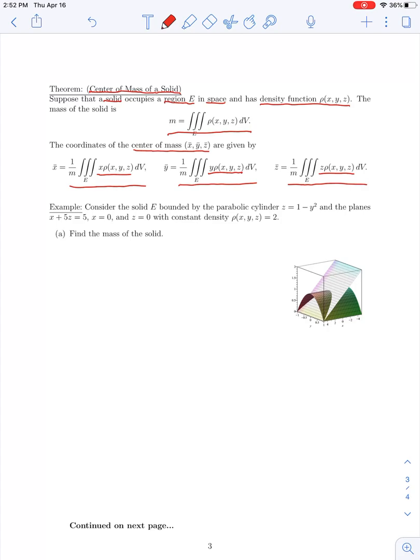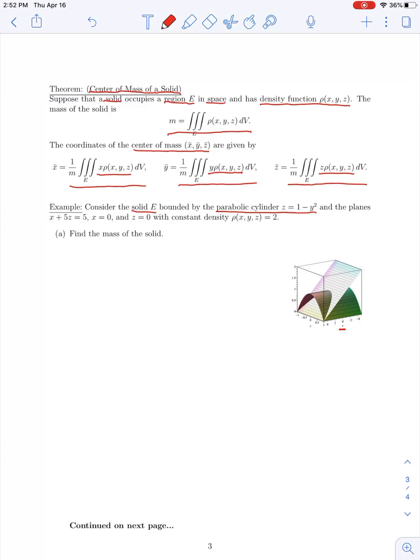So here we are considering a solid region E, which is bounded by some surfaces, the first of which is a parabolic cylinder, z equals 1 minus y squared. Here the variable x is missing, so it's extending along the x-axis, a cylinder along the x-axis.